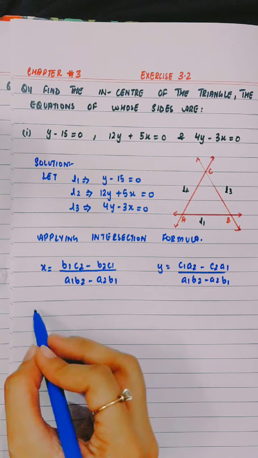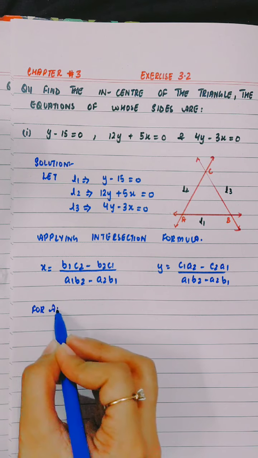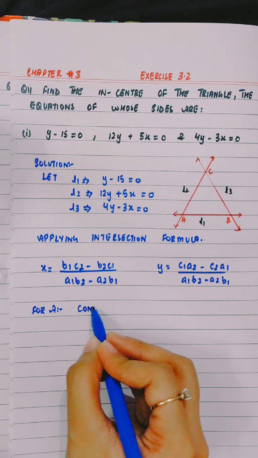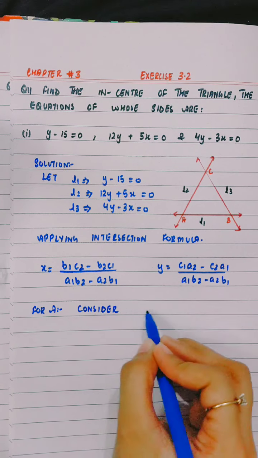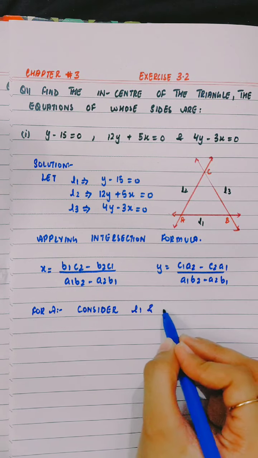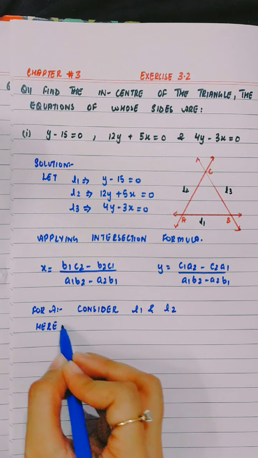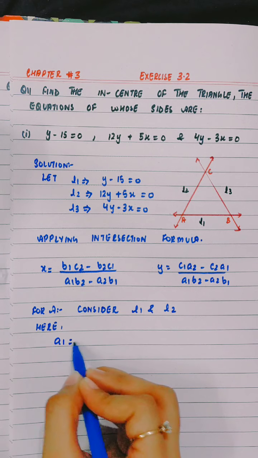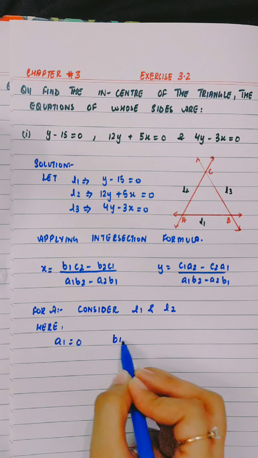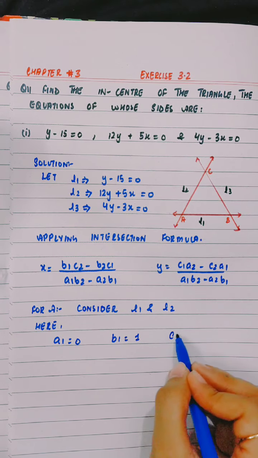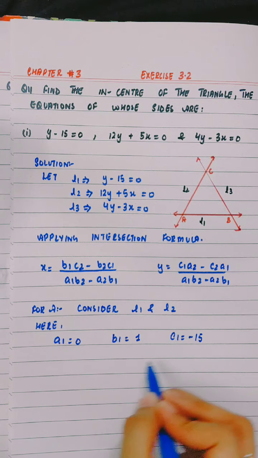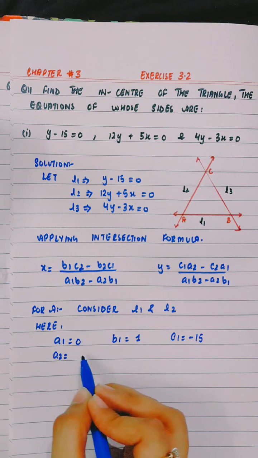Now for A, consider L1 and L2. Here A1 is 0, B1 is 1 and C1 is minus 15.